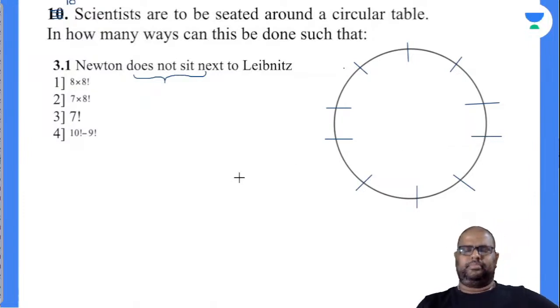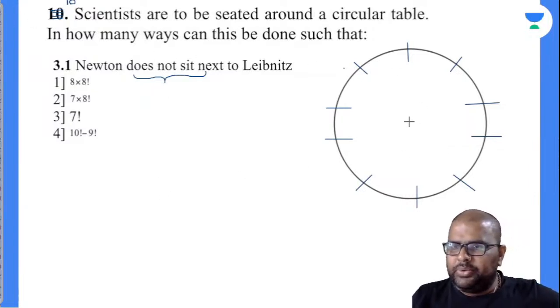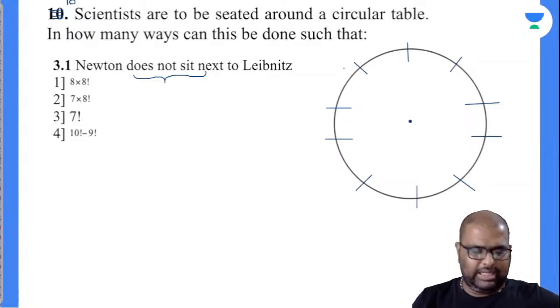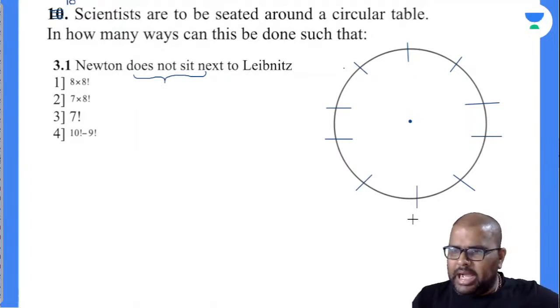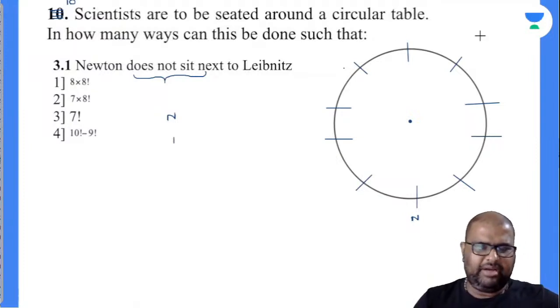Now closely observe. The point here is Newton must not sit next to Leibniz. First of all, on this empty circular table, I will make Newton sit. So Newton can be seated in how many ways? Only one way. Wherever you keep him, it will be only one way.